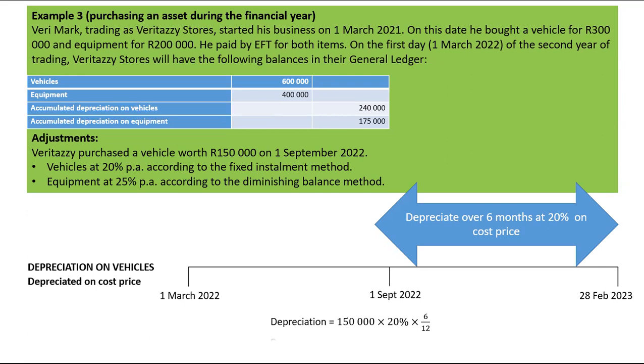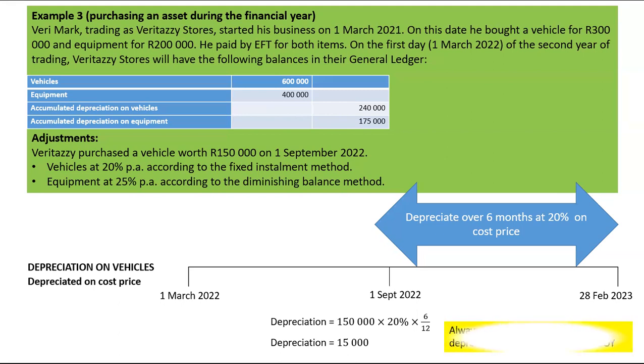For this new vehicle, we do not have to calculate accumulated depreciation at the beginning of the year because it was not there at the beginning of the year. And it doesn't have accumulated depreciation yet. It will only start having accumulated depreciation from the 1st of March 2023, or by the end of 2023, which is the 28th of February.